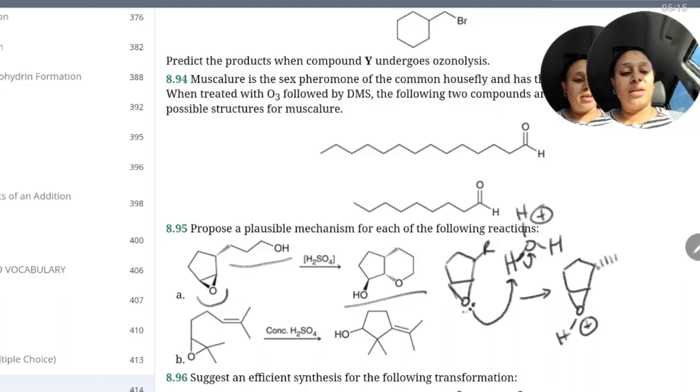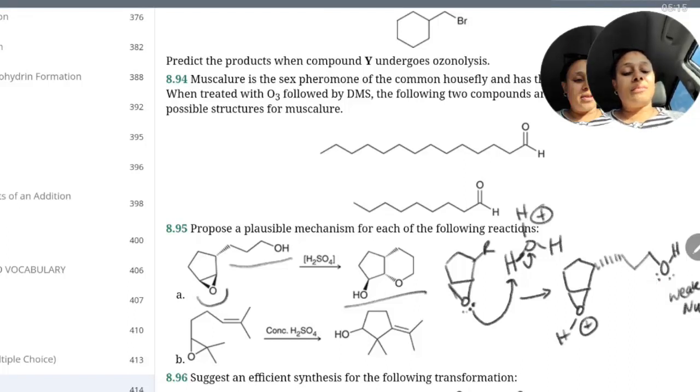I'm going to draw that in because that alcohol is going to behave like a nucleophile. It is a weak nucleophile, and we talked about nucleophiles attacking the protonated epoxides because they're easier to attack.